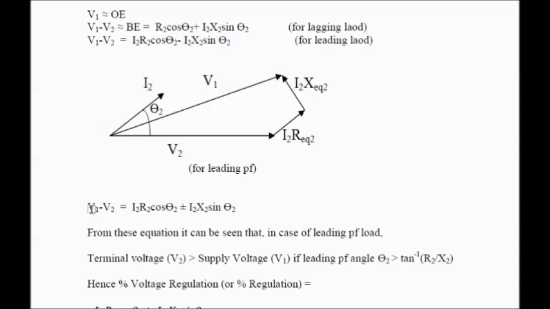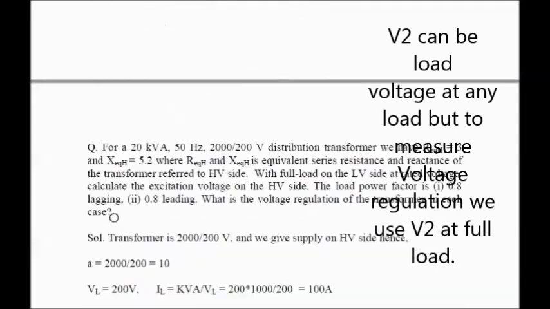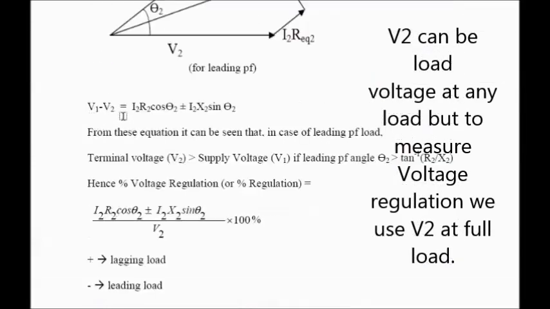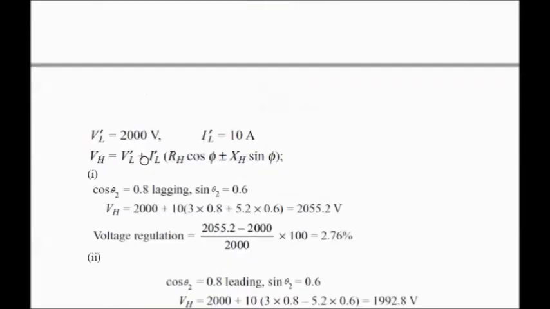So V1 is originally V2 no load, which is equal to the supply voltage, and V2 is V2 on full load. Using this formula, I can calculate VH like this.